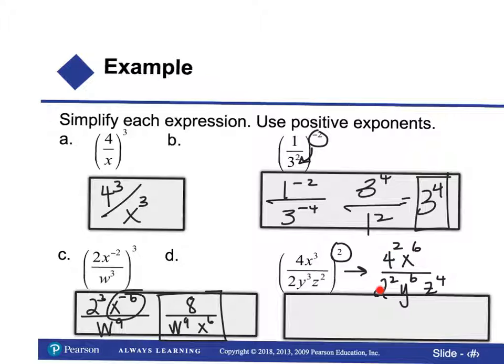I could reduce here. This is 4 squared and this is 2 squared. So if I write, I'm going to go ahead and write over it. This is actually 16 and that is 4. So we can reduce by 4, making that have a 4 left over. 4x to the 6 over y to the 6z to the 4th.